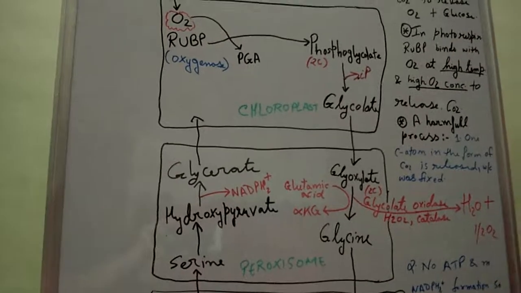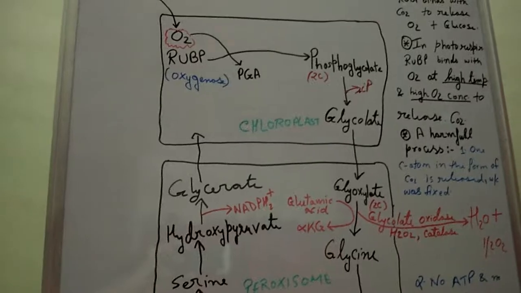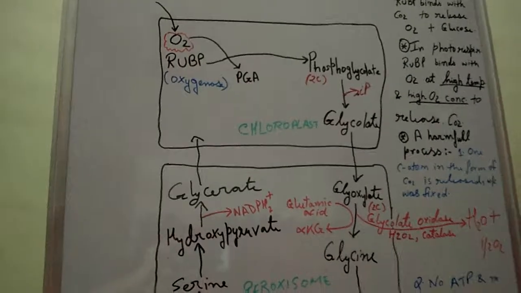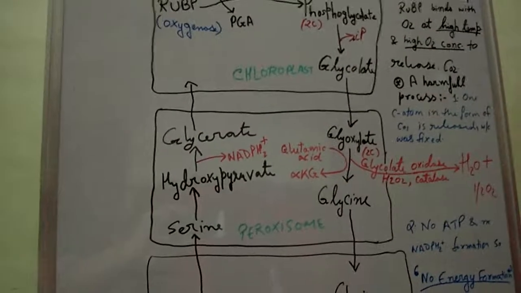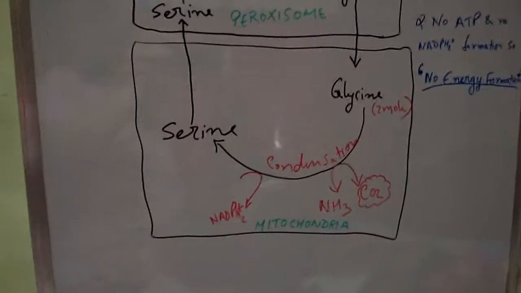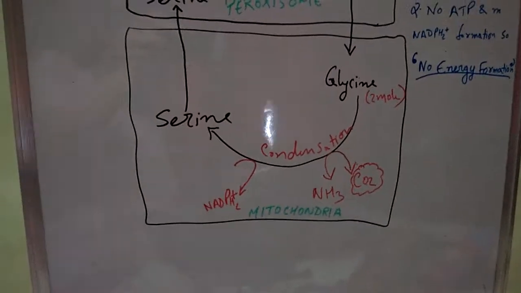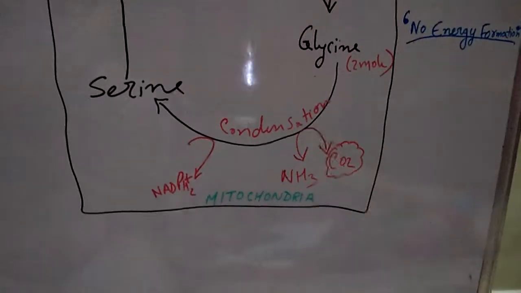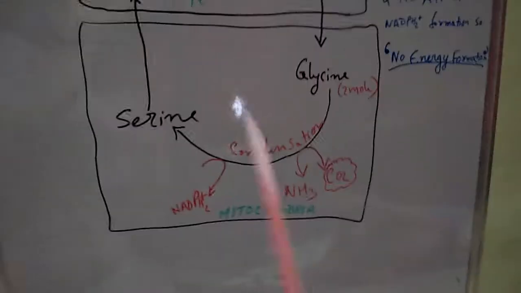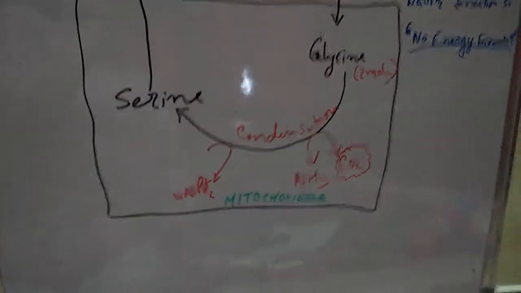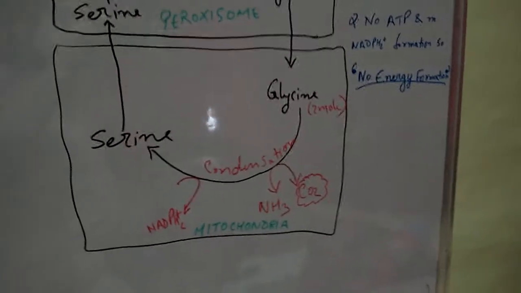But here oxygen is binding with RUBP, and 3 organelles are involved in the process. In which organelle what type of reaction is occurring is very important. Like in mitochondria, release of carbon dioxide, ammonia. These two processes are very important occurring in the organelle mitochondria. So thank you for watching this video.